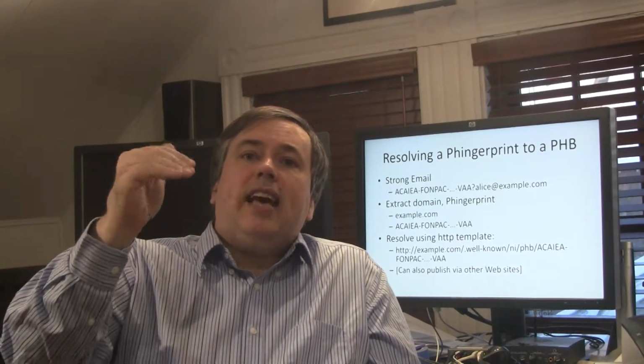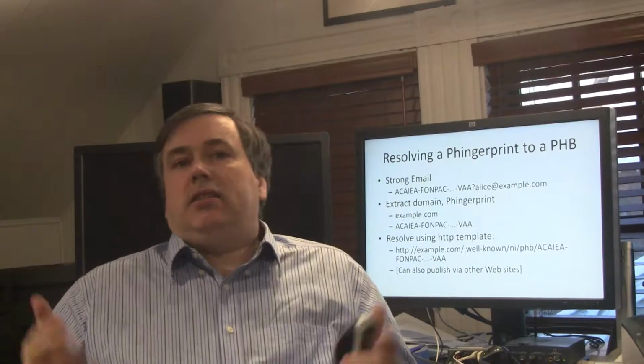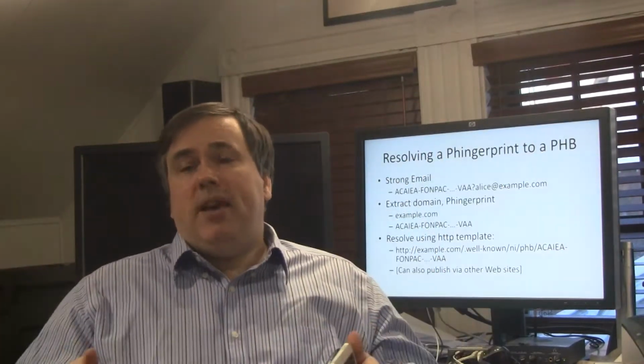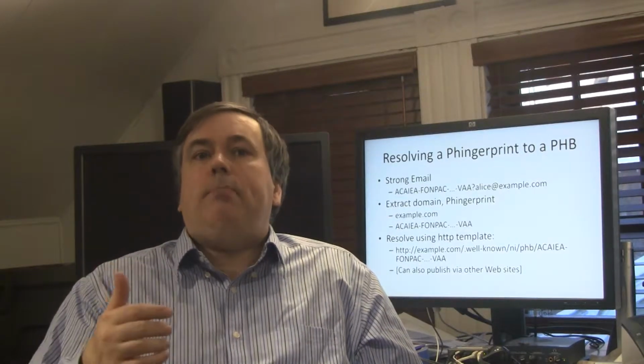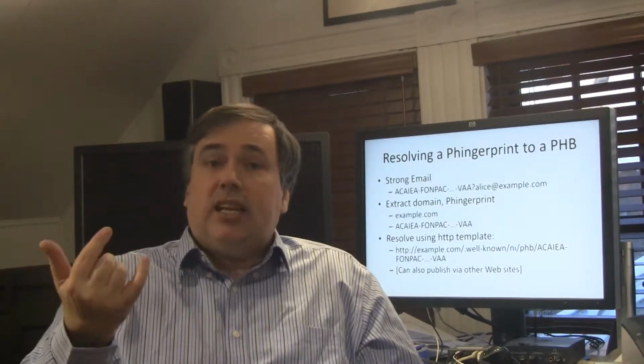Okay, we have a fingerprint, but in order to send encrypted mail, we have to have a PHB. How do we do that? Well, the strong email address gives us a fingerprint value, which is 128 bits encoded. We're going to extract the domain part from that strong email address, and that tells us the address of the email service that we can send it to.